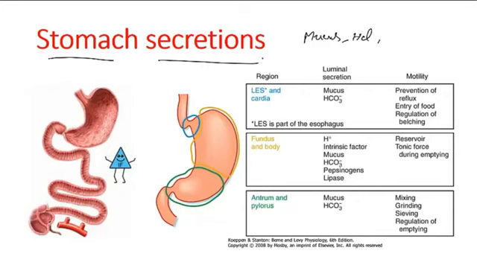The mucus that stomach produces protects the stomach from self-digestion, also known as auto-digestion, by neutralizing the stomach acids that are present there. So this mucus actually neutralizes those stomach acids, and also it inhibits the activity of the protease known as pepsin.